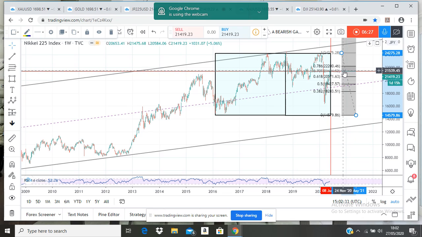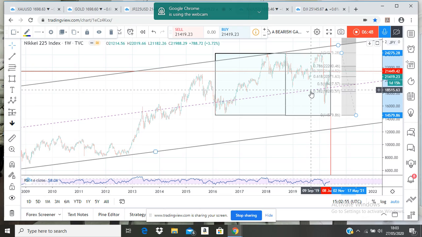The 0.707, which is the sacred cut, or the inverse of the square root of 2, which is the inverse of 1.4142, that is 0.707. And price is exactly running into this sacred cut on a 0.618 time.